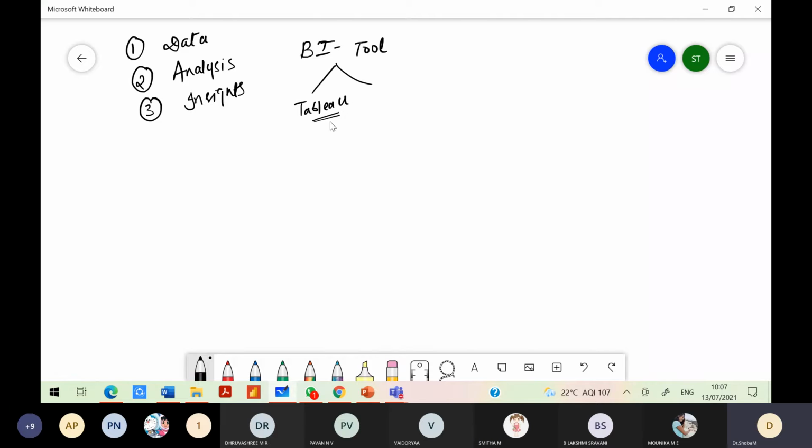Heard or not, students? Then we have one more, very widely used tool called Power BI.